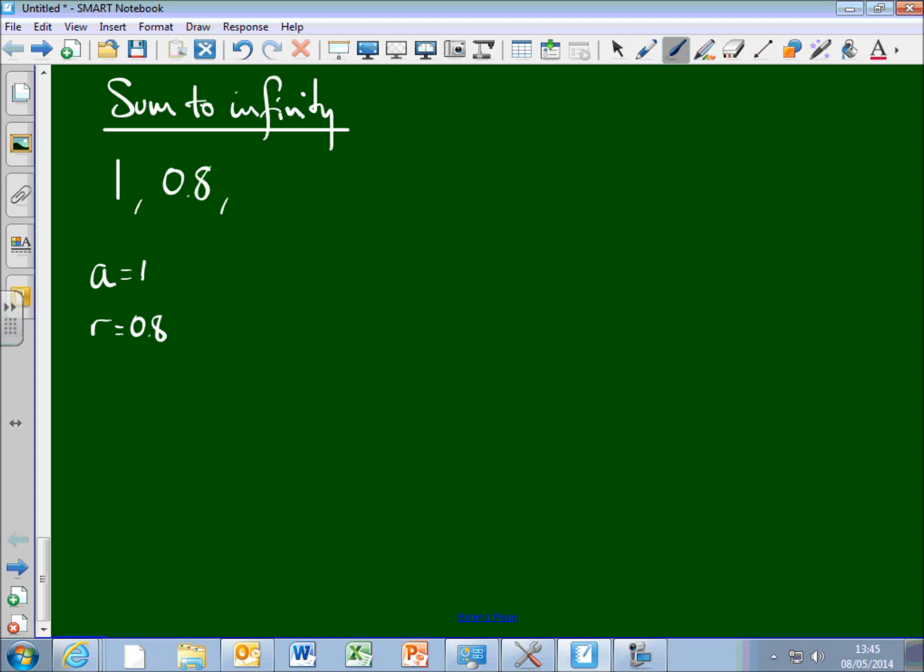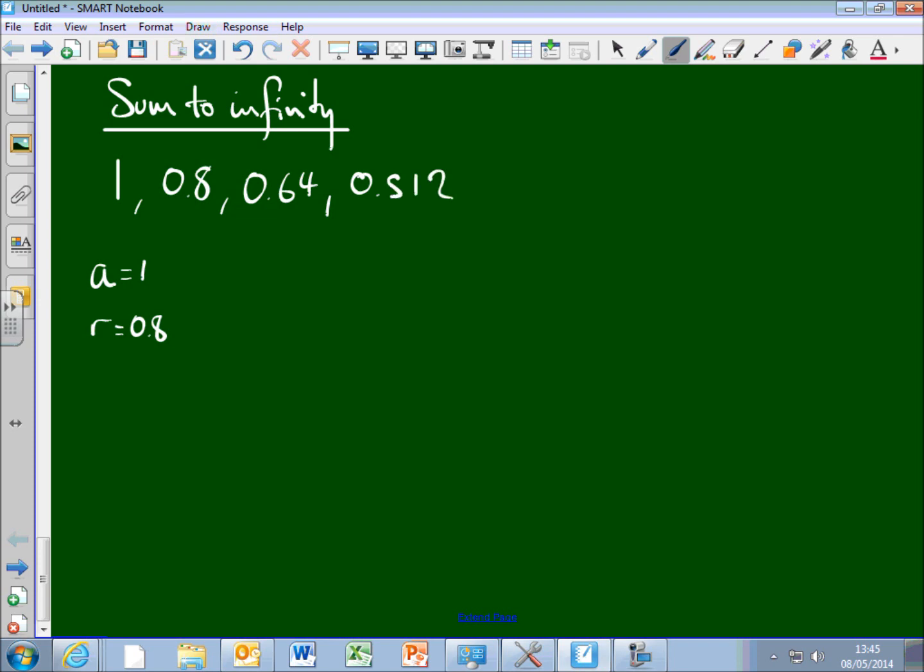And then I times that by 0.8, and I get 0.64. And then I times that by 0.8, and the next term of the sequence is 0.512. Okay? And this sequence is going to get closer and closer to 0.